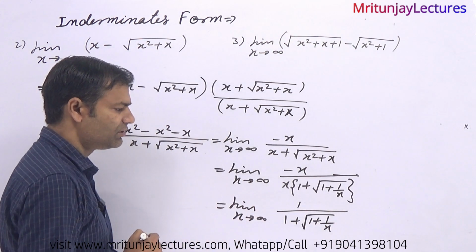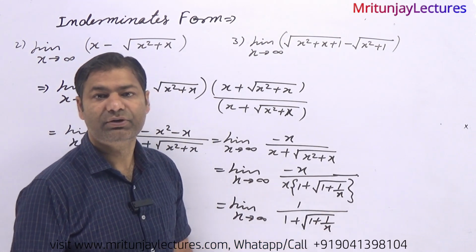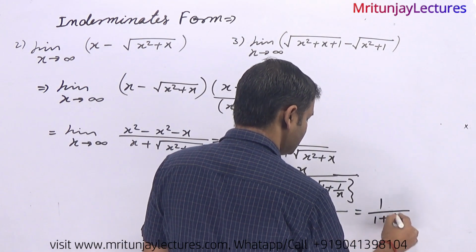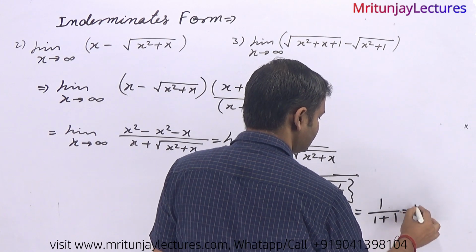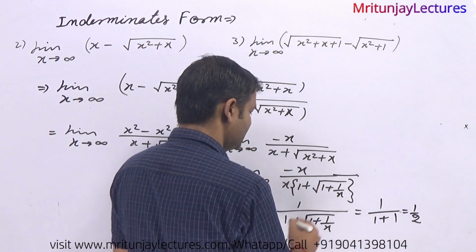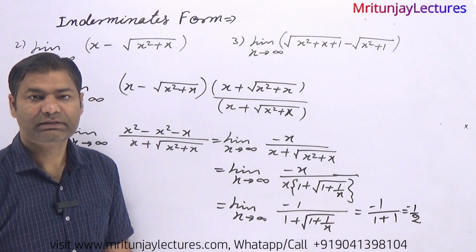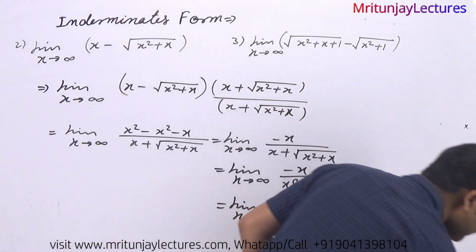If x is equal to infinity, then 1 by infinity is 0, so it is written as minus 1 upon 1 plus 1. That is 1 by 2, and because of the minus sign here, minus 1 by 2 is the final answer.